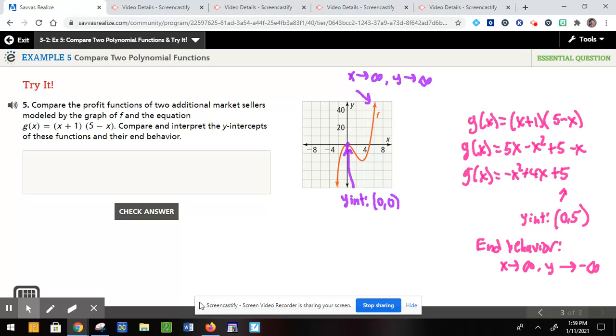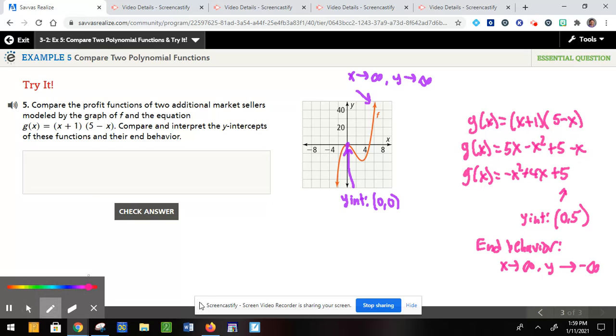If I take the g function, again, you want to get it in standard form, the y-intercept is (0, 5), meaning they're going to make $5 for not doing anything. Not sure that's possible, but that's the scenario. But their end behavior is going to be as x approaches infinity, y approaches negative infinity, meaning as x goes to the right, y goes down.